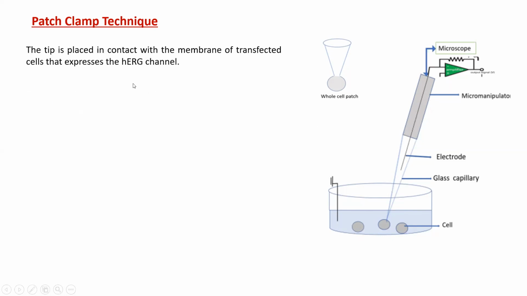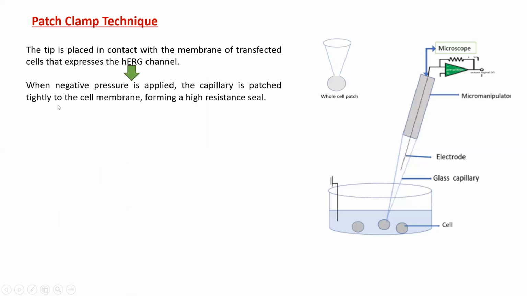Here the tip of the microelectrode is placed on the membrane of the transfected cells that express the hERG channel. Then a negative pressure is applied through the capillary, and the capillary produces a patch which is tight on the cell membrane, and it forms a high resistance seal.